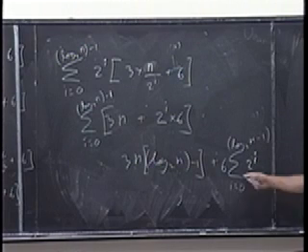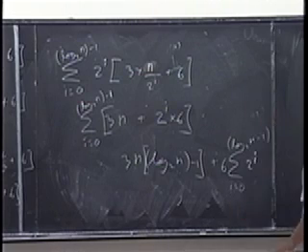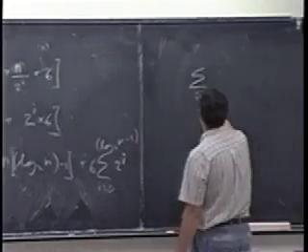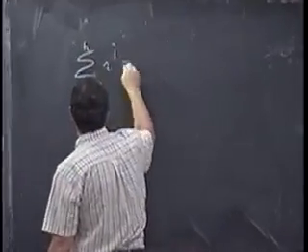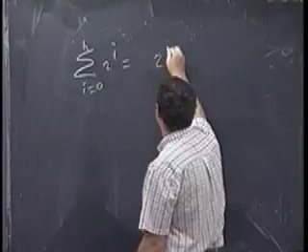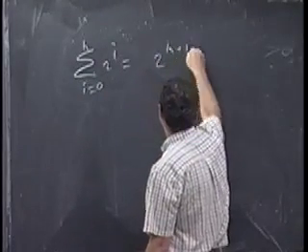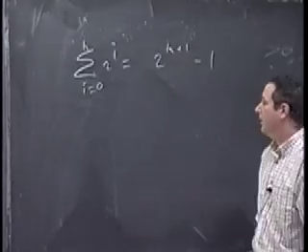Well, somebody tell me about the summation of powers of 2s. What's the summation I equals 0 through k of 2 to the I? 2 to the k plus 1 minus 1, okay? So this is a very fundamental fact here.